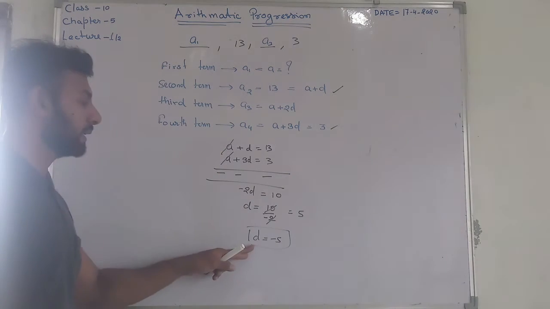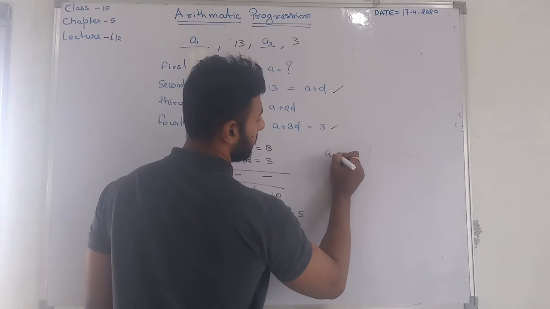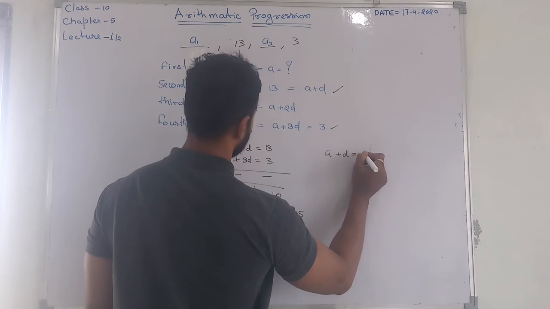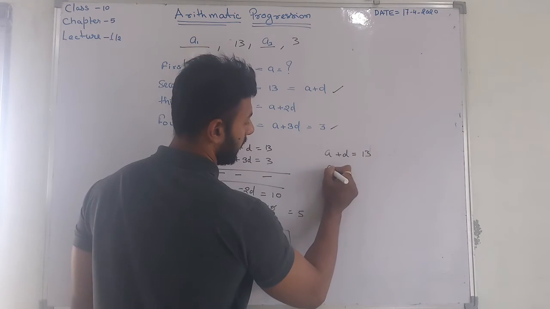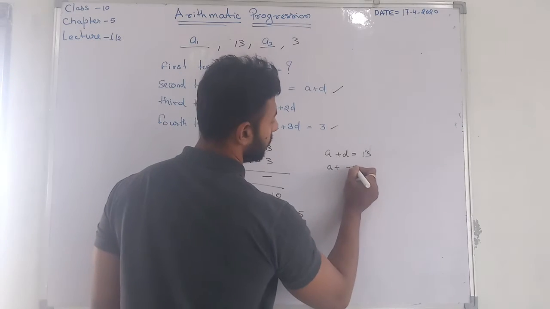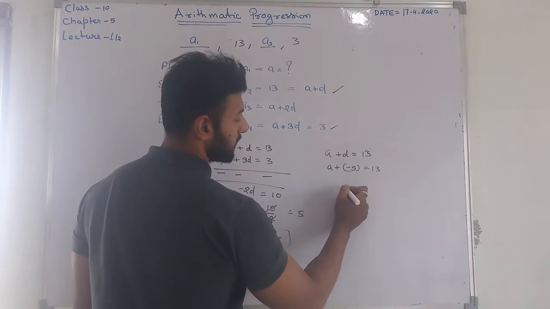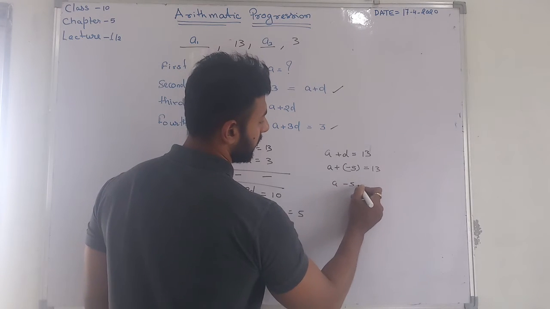Now, substituting this d in any of these equations, a plus d is equal to 13. Substituting the value minus 5, a plus into minus will be minus 5. a minus 5 is equal to 13.